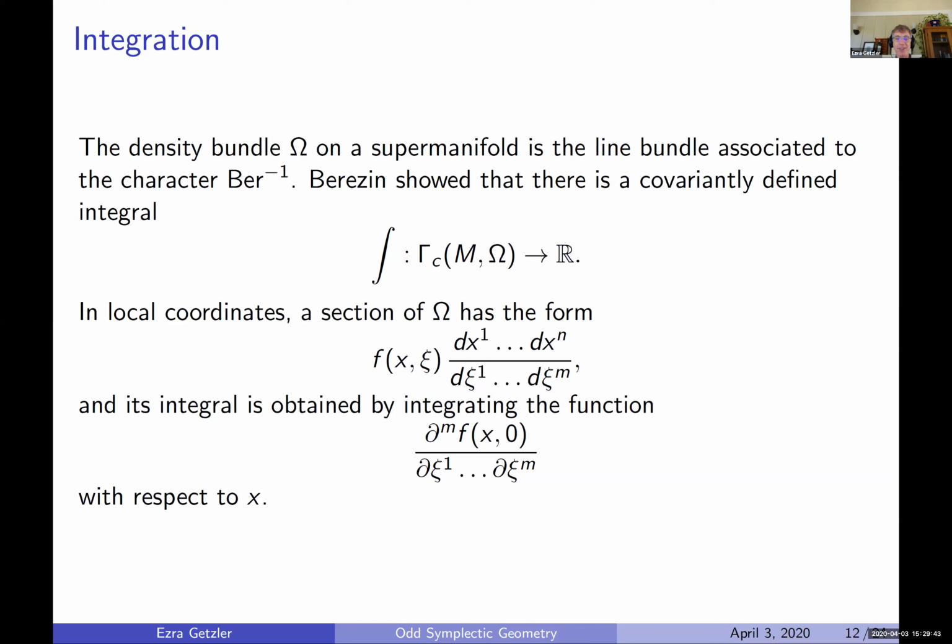That's just a symbol. And then it's multiplied by a function with compact support of the coordinates x and psi. So what you do is you extract the coefficient of psi1 up to psi m by taking this iterated partial derivative.